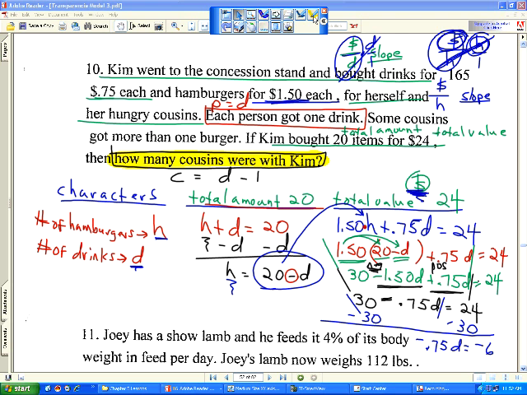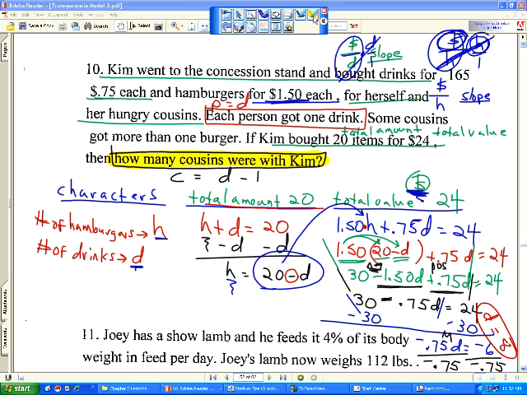So now we're going to undo multiplication by division. We divide by negative 0.75. And we get that the number of drinks is 8.